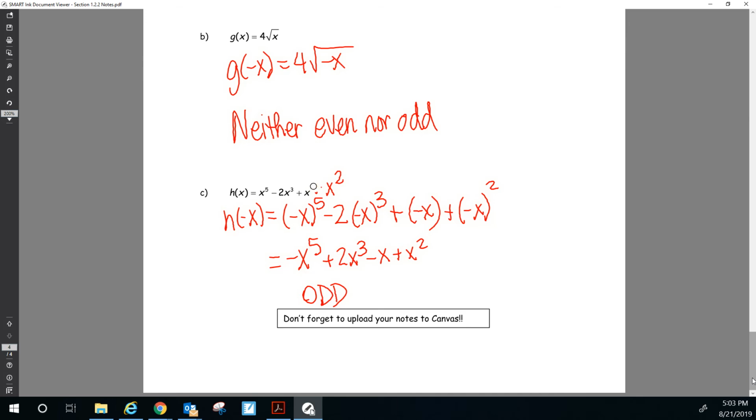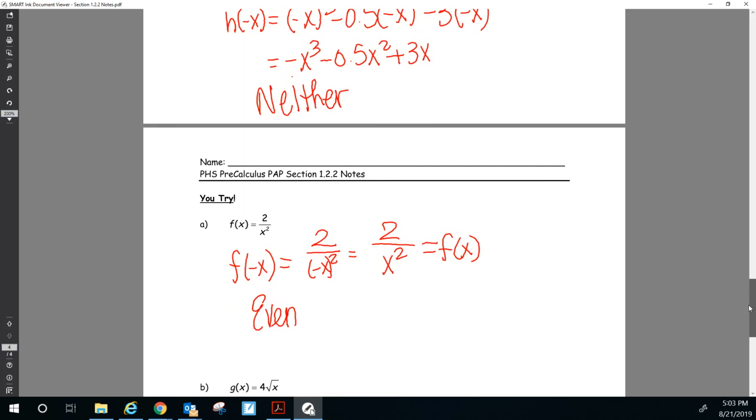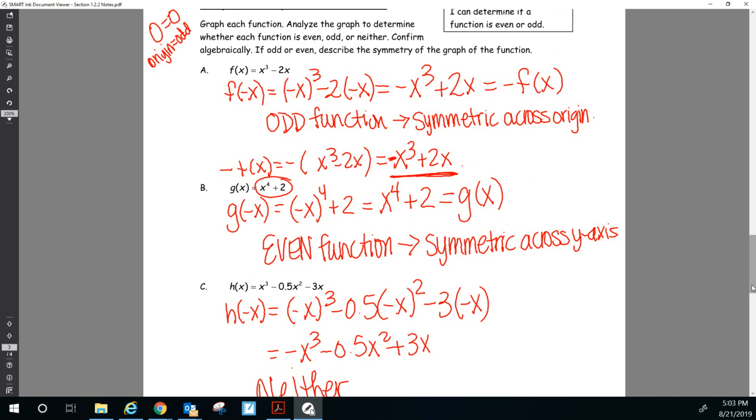So the trick here, the easy way to think about this, is if all of your exponents are odd, it's going to be an odd function, but every exponent in there has to be odd. If all of your exponents are even, it's going to be an even function. If you have some that are odd and some that are even, and here's another odd one, if you have odd things in the same problem, it is going to be none of the above.